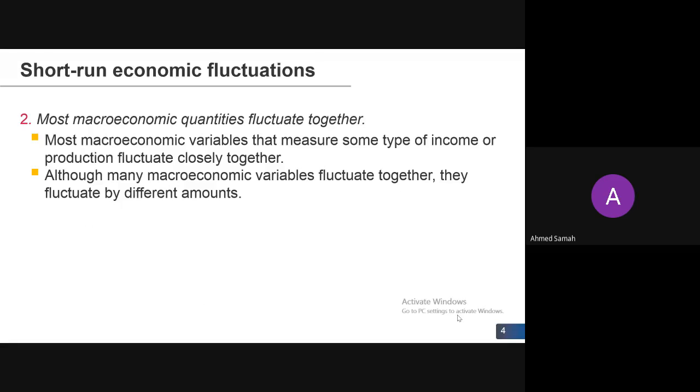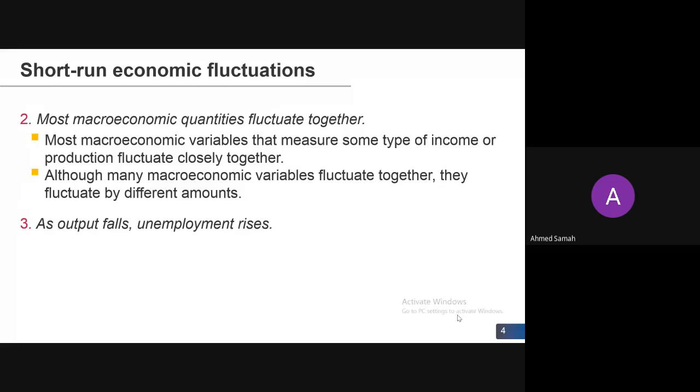Even though they fluctuate together, they fluctuate in different amounts. So for example, in a recession, the impact on one variable could be higher than the impact on another variable. So the fluctuation level in amount might differ.